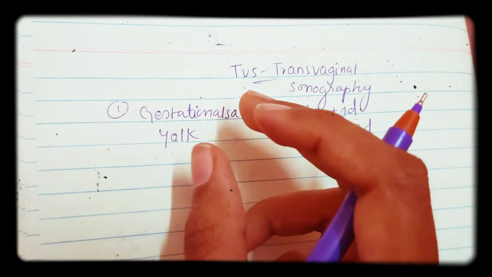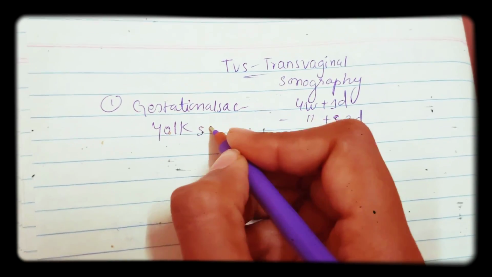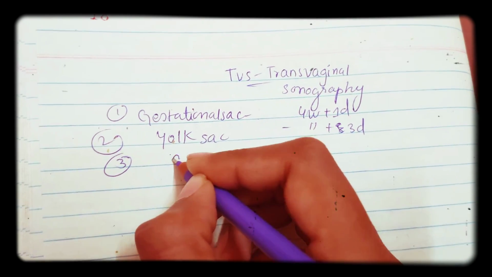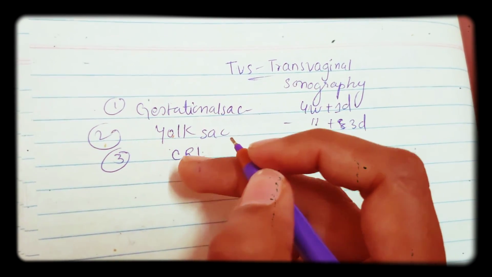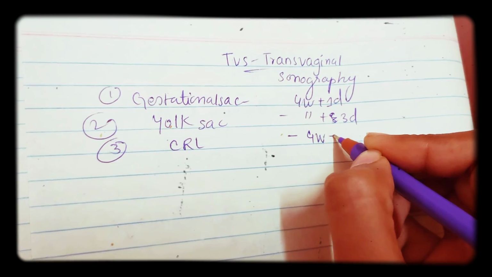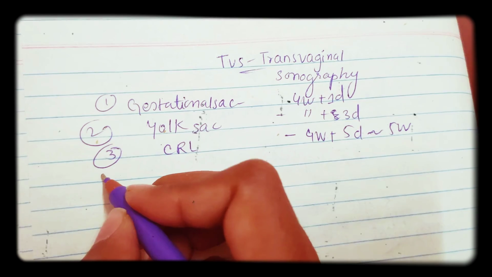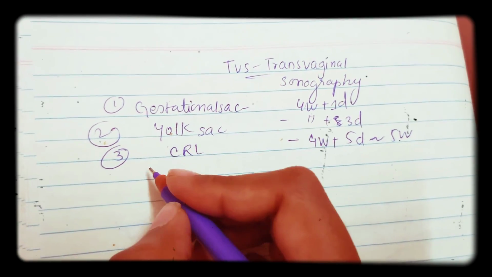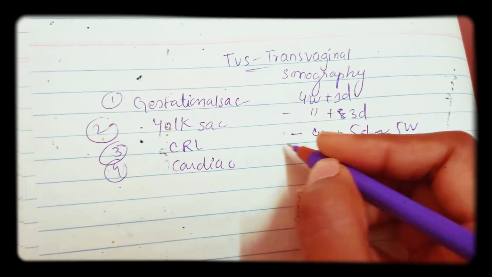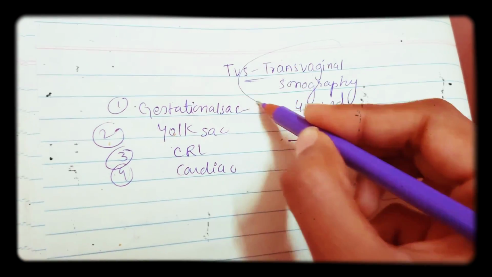First you'll see the gestational sac, next the yolk sac forms. After the yolk sac there is formation of the CRL, crown rump length, which is 4 weeks plus 5 days, or approximately 5 weeks. After this you will see the cardiac activity, visible at 5 to 6 weeks on transvaginal sonography.